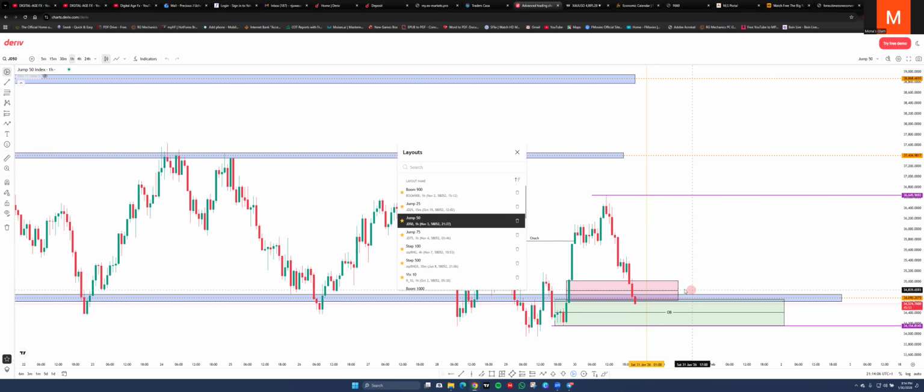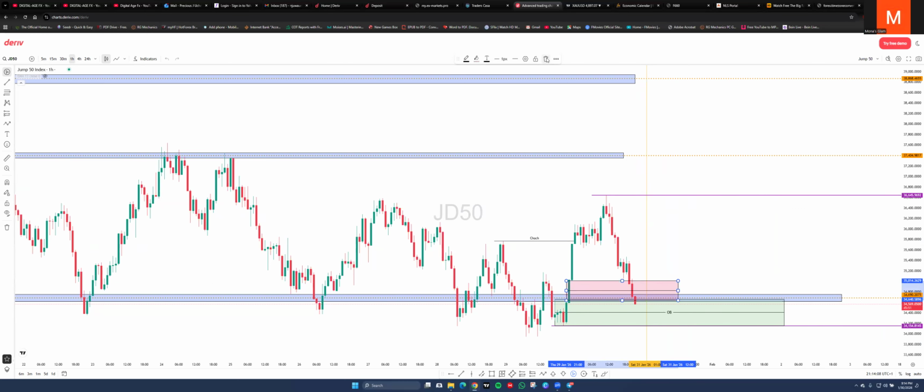So for this thing to do like this, the fair value gap is already not valid. So I'm not taking the fair value gap now. I'll only wait to see if the market could be heading for this order block here, a 4 hour order block. The market could also be heading for this order block here, a 1 hour order block.